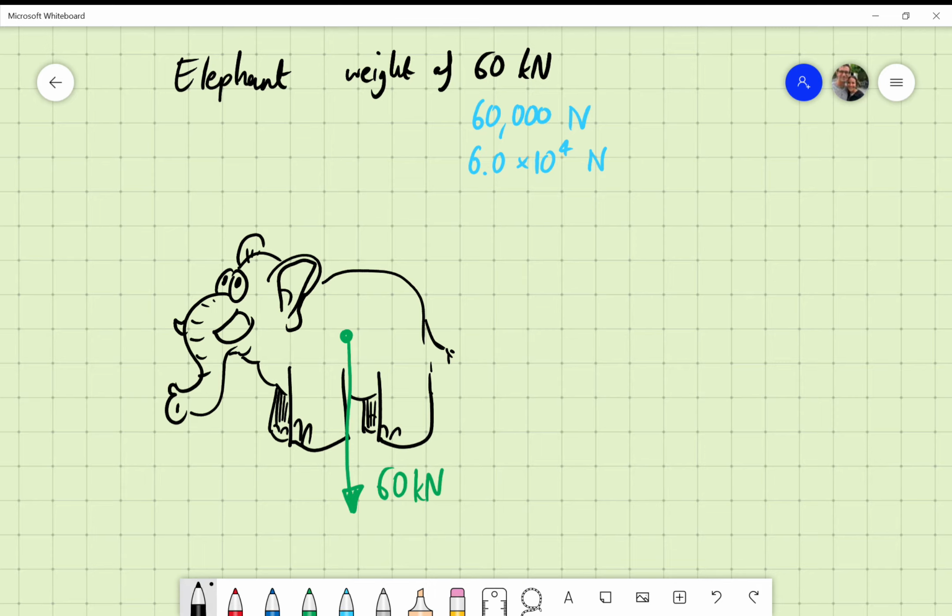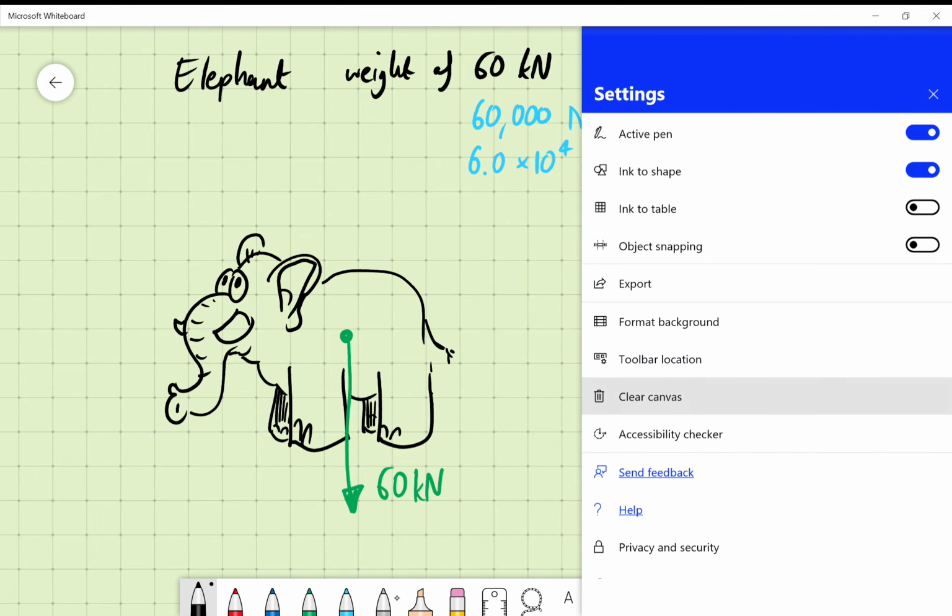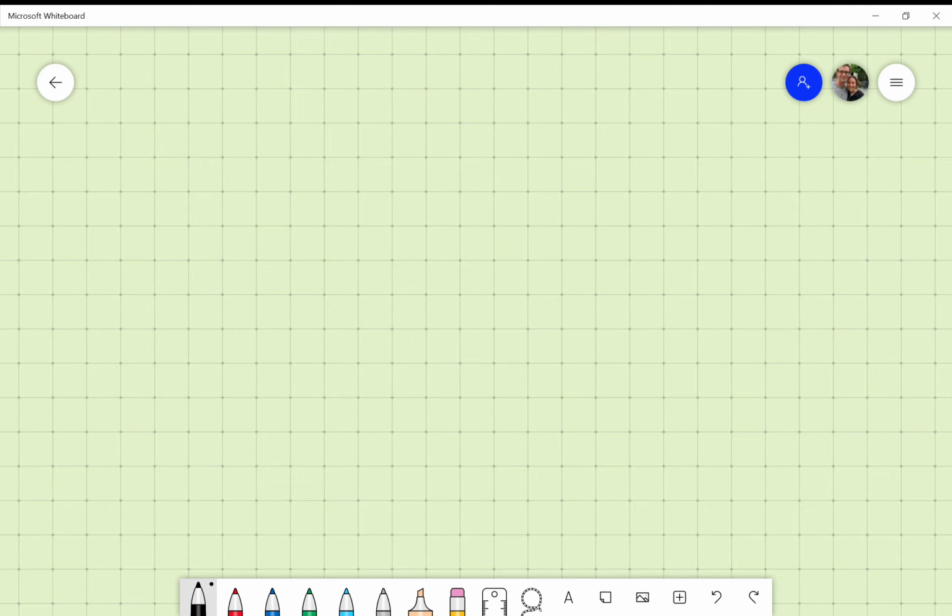All right, here's another little quick exercise for you. Show me a plane flying north, and I want its velocity, its northern velocity, to be 120 meters per second.